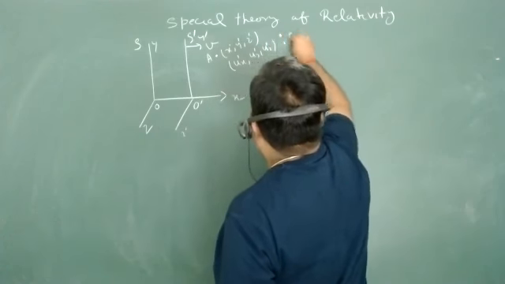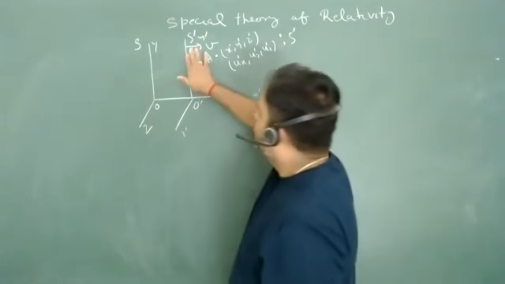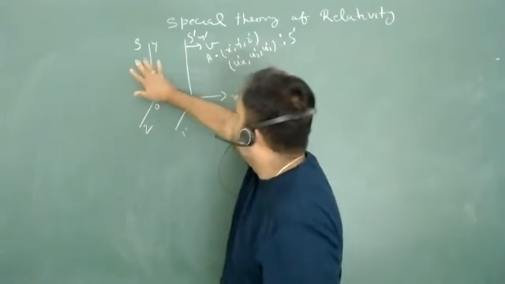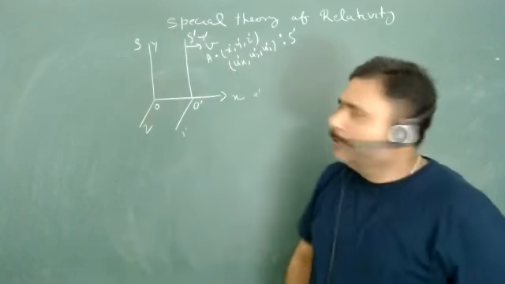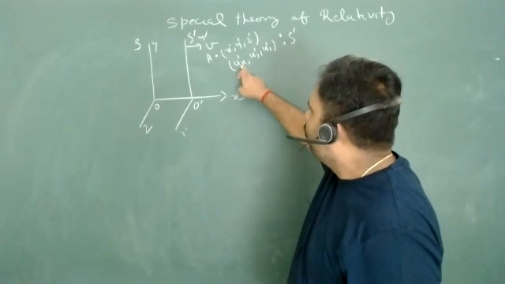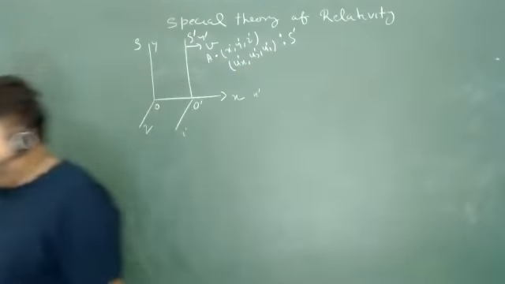These are statements from S dash. So S dash is moving with respect to S, and this point A is moving with respect to S dash. Can you please tell me what will be your ux dash? What is the definition of ux dash?